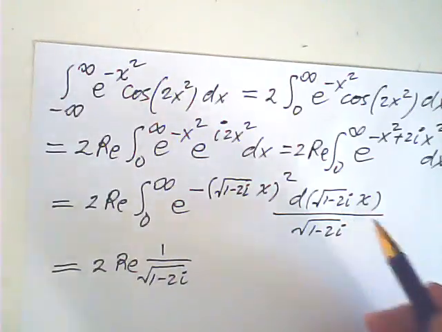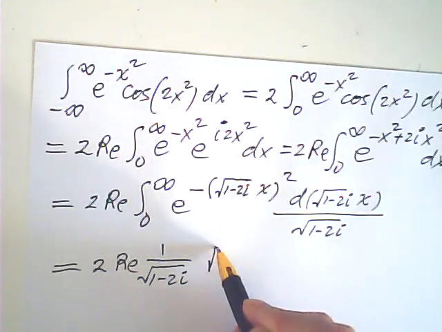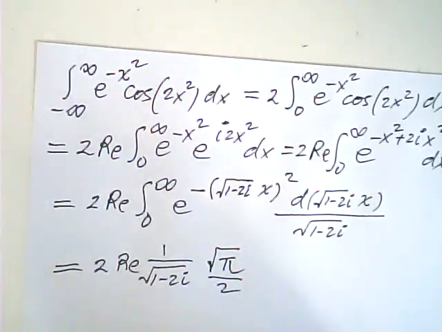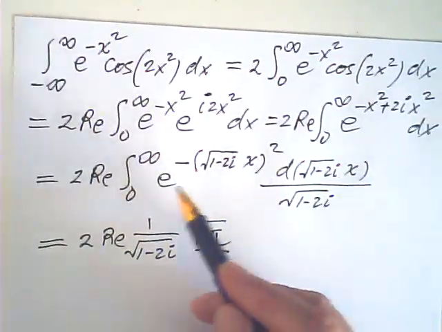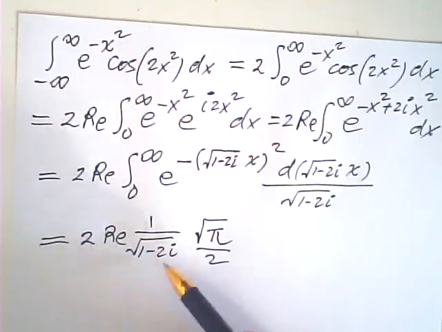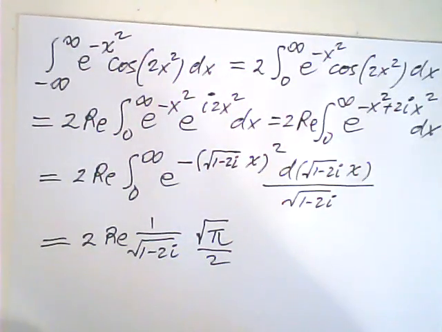And this is a Gauss integral, right? This is equal to square root pi over 2, because it's from 0. So the integral has been finished, just a matter of converting this into the real part, and it's done.